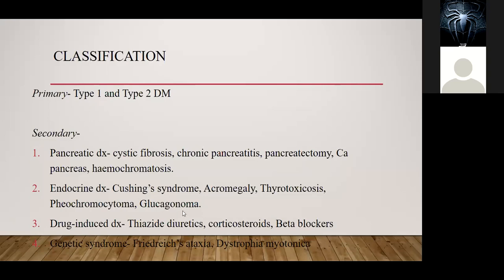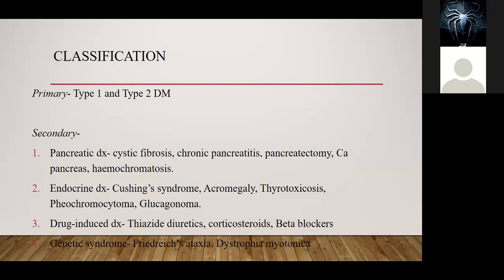Then if you have a glucagonoma, it means there's a tumor which is making excess glucagon. And we know that glucagon has an opposing effect to insulin. So this will cause the blood sugars to go up, okay? So in this case, you have diabetes mellitus, which is secondary to another condition, okay?